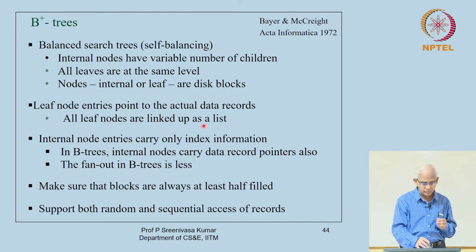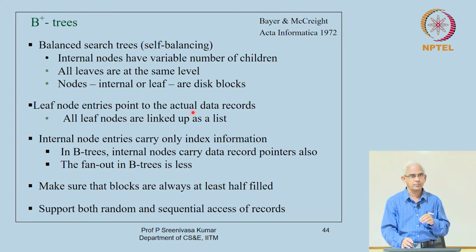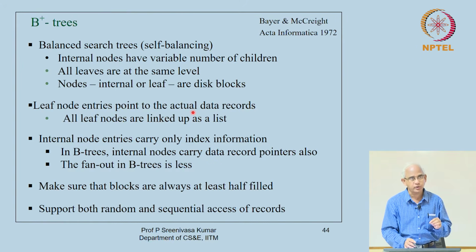Now, in B plus trees, it is the entries in the leaf nodes that actually point to the data records. The data records are actually in some other file in disk blocks. So, we keep a pointer to that data record in the B plus tree. Notice that we are talking of the B plus tree more as an index structure.